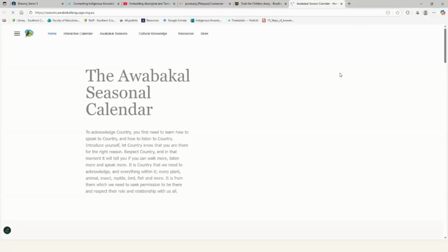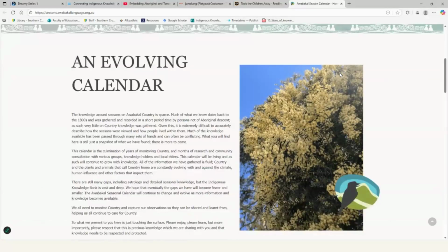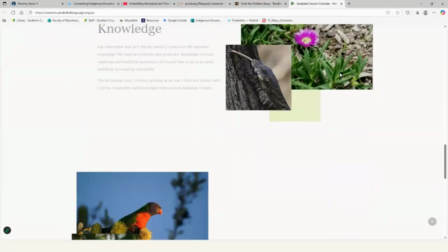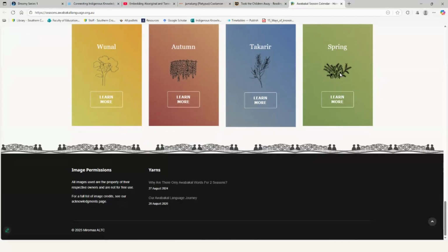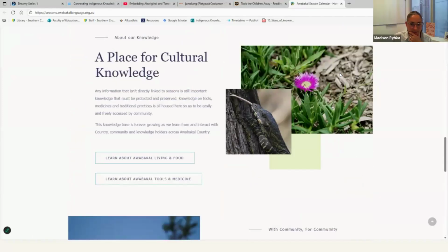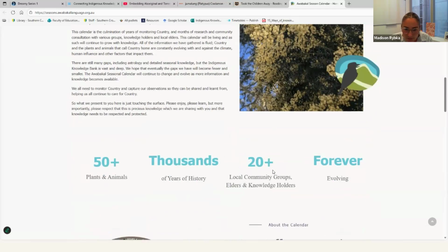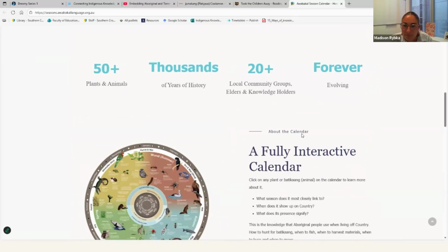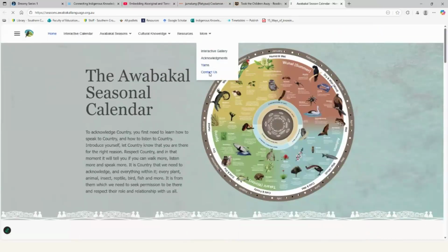Yeah, because I went into the acknowledgements and it's got the project team and contributors and stuff. But I guess it just doesn't explicitly have a little blurb about them. What's this say? Very interesting. Local community groups, elders, and knowledge holders. If you go more, acknowledgements.